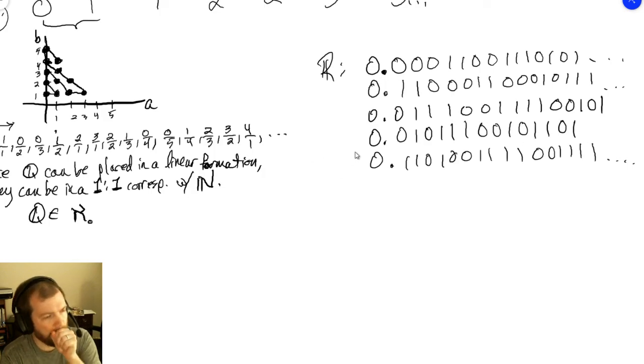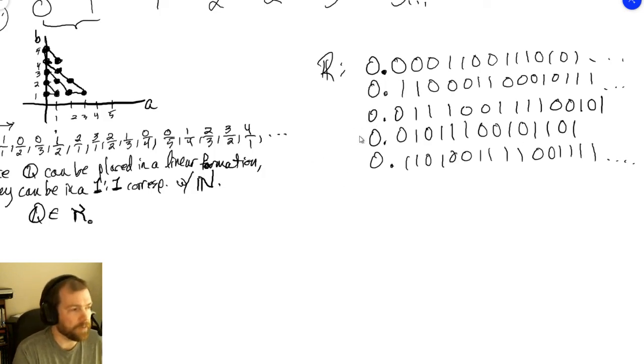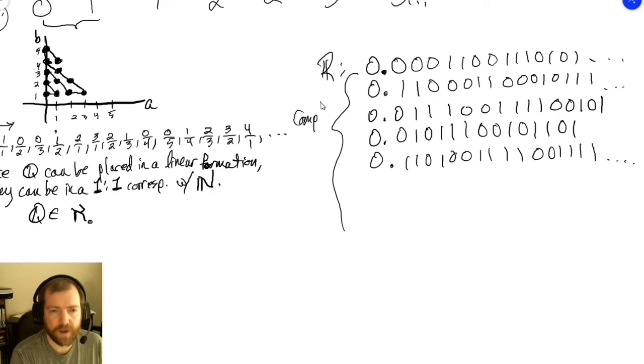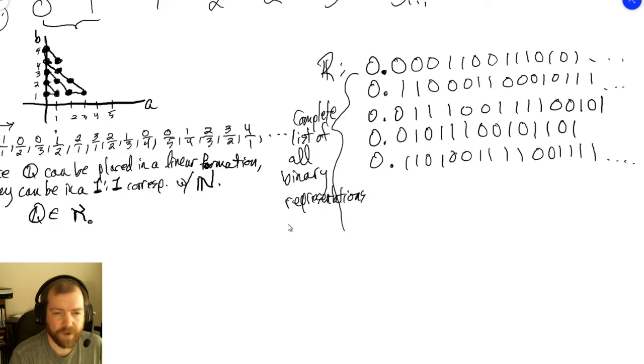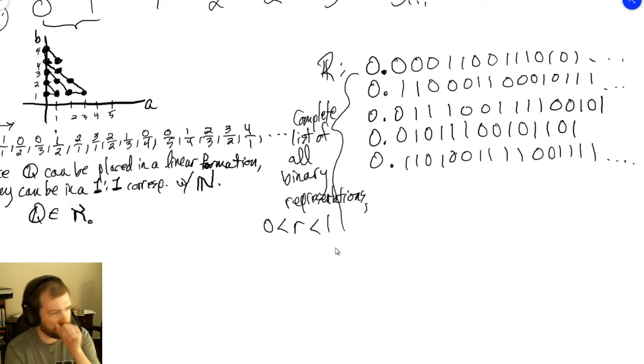That's good enough. So what I'm going to do is I'm going to state that I am going to create a list. This list, a complete list of all binary representations, let's call them R, that are between 0 and 1.